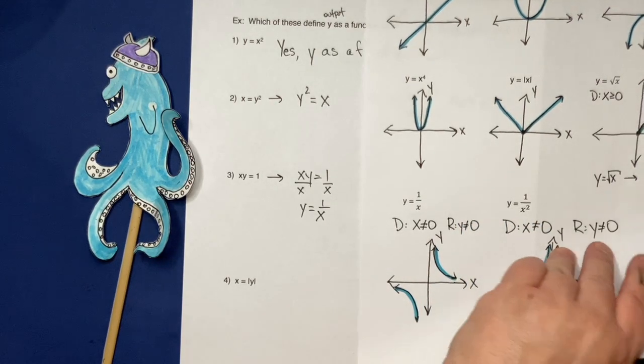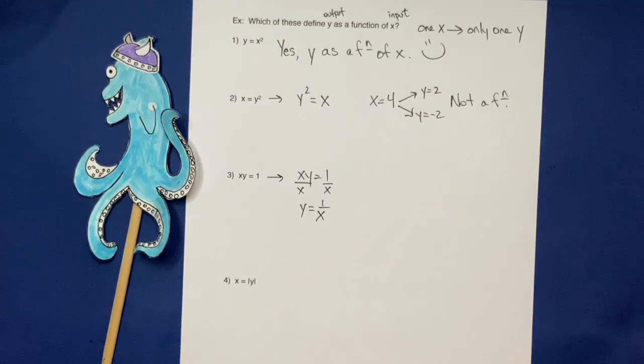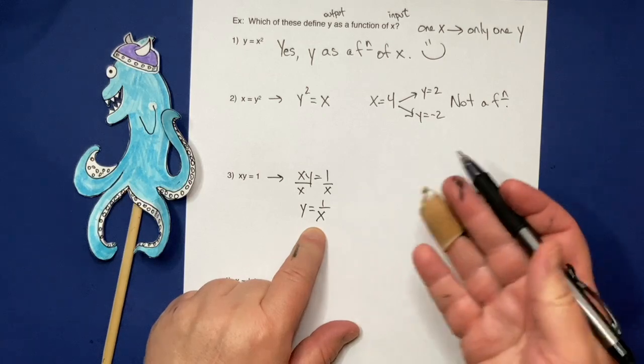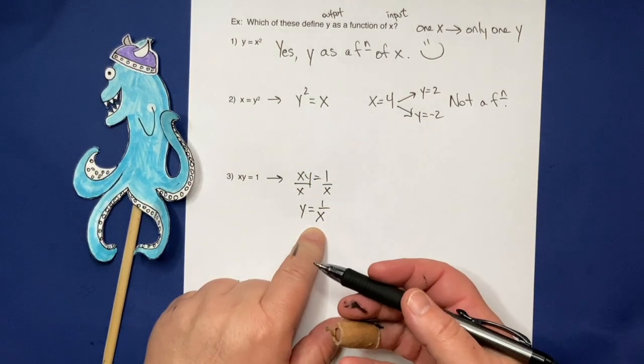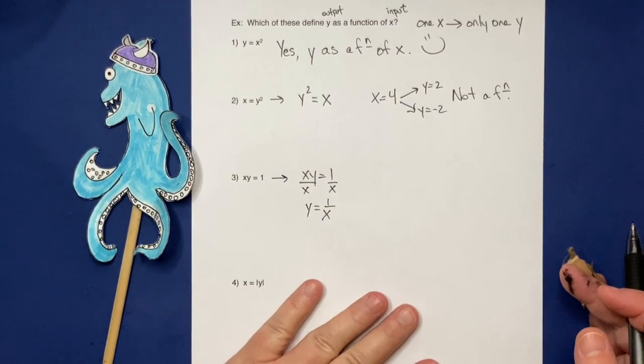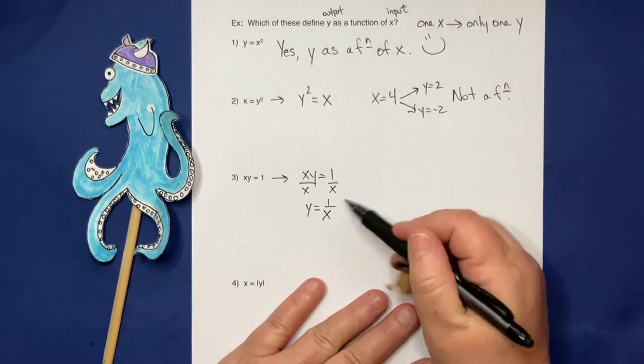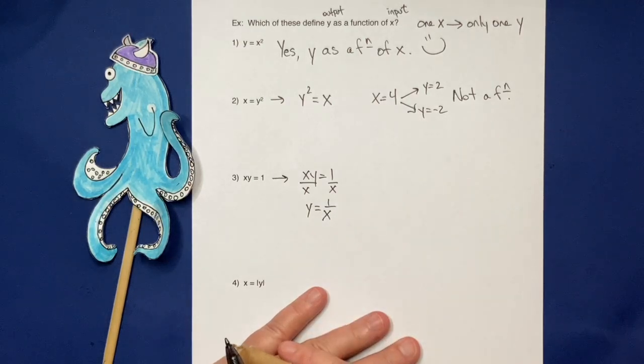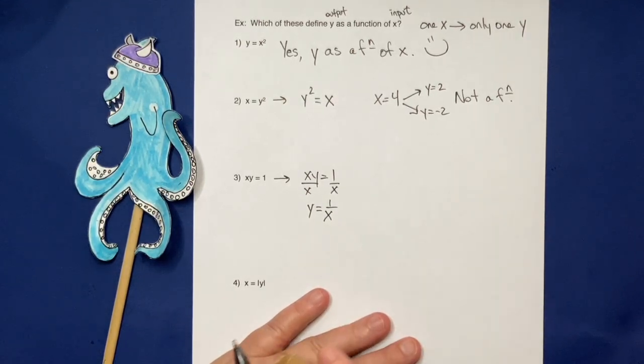The other way to look at it is I could say, okay, if I plug in a value for x, 5, 1 over 5 is 1/5. There's only one answer. What if I plug in 12, 1 over 12? So for each value of x, there is just one answer of y. There's not a plus or minus.